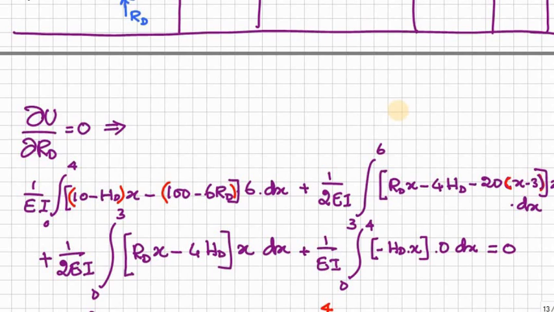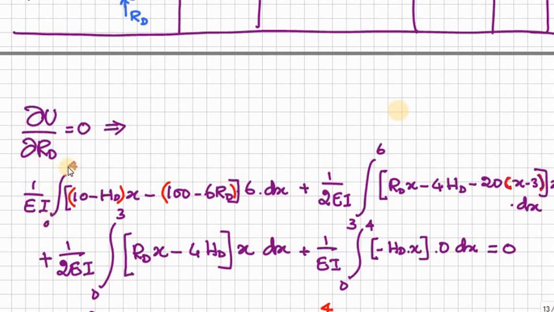So dou U by dou RD is equal to 0. Here we have to keep in mind that the beam section is of 2I. Then we have to be very careful while substituting the values in this expression. So for the column AB section, we have only I, that means 1 by EI common.